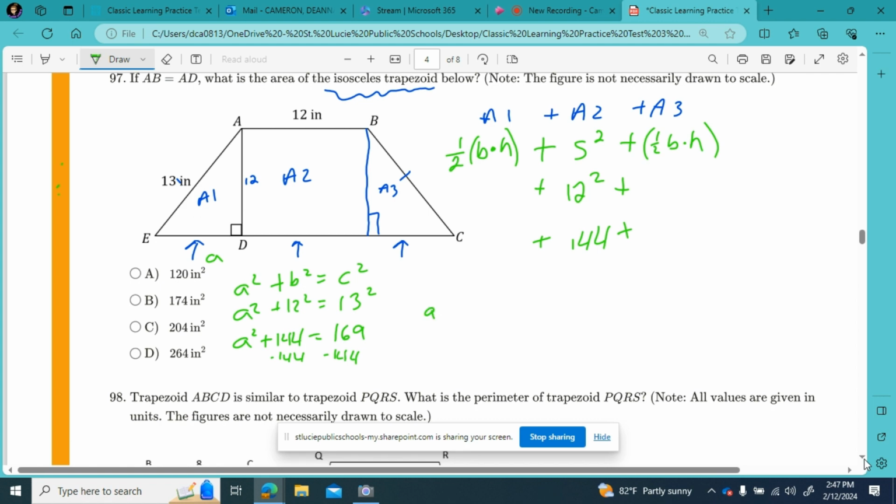This will give us a squared equals 25, so a is 5.